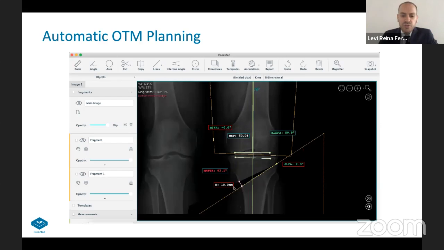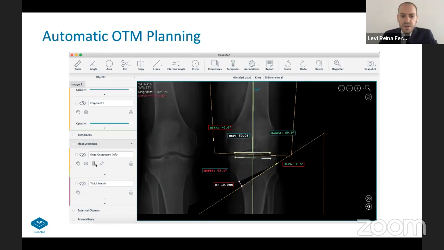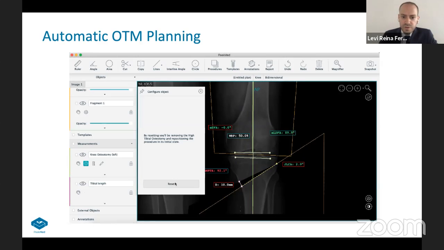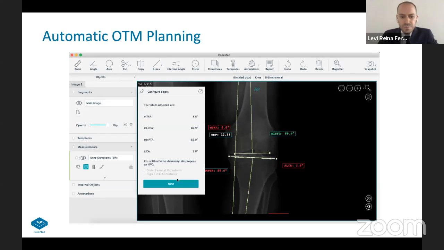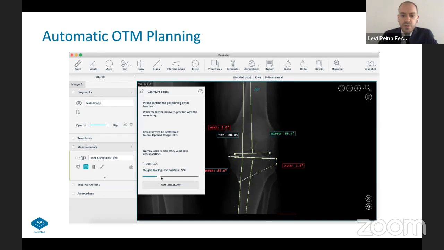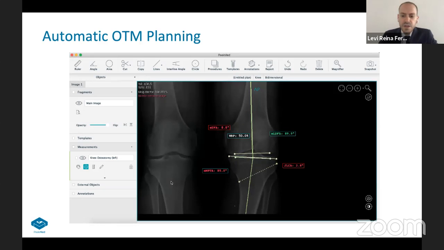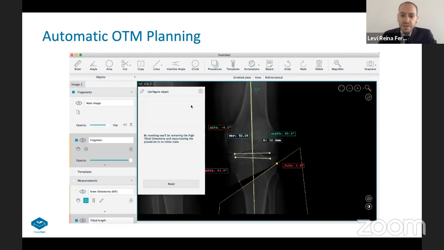Now I'm going to show you what happens if you don't take into account the joint line congruency angle. If you just ignore it, or if you do it manually, it's difficult to control the joint line. So if you just ignore the joint line congruency angle and you aim for the same 50%, the result is that you end up with an opening of almost 12.5 millimeters.